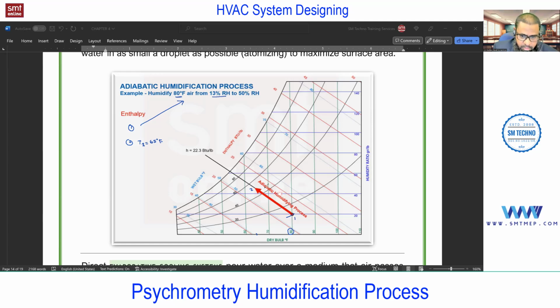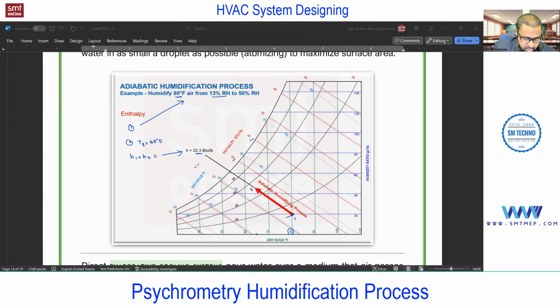Next, what about this? In this case, you see, enthalpy. I can consider H1 equal to H2, because the line is going parallel to this inclined line. It means it's not increasing the enthalpy, because these are the enthalpy points. So it's not increasing, it's the same. So H1 equal to H2, which is 22.3 BTU per pound.